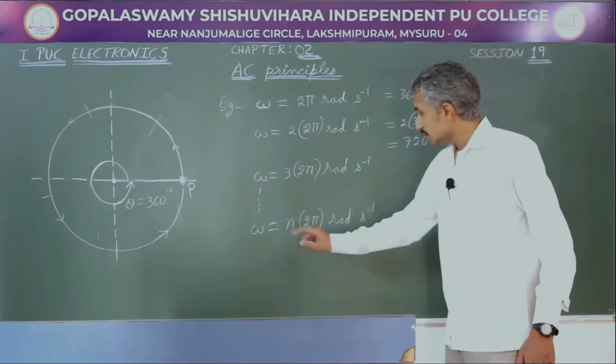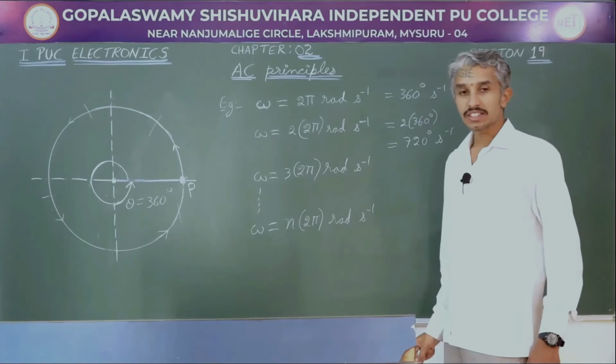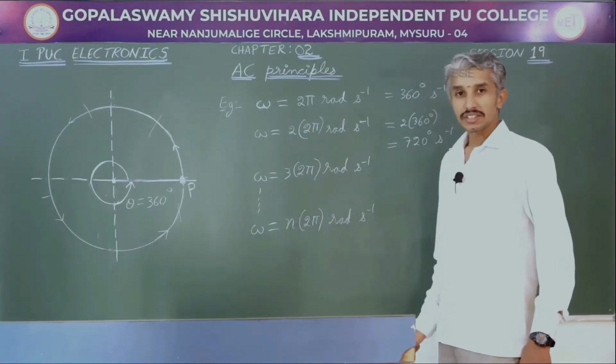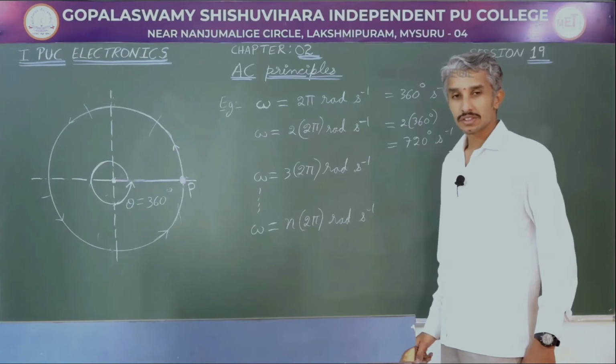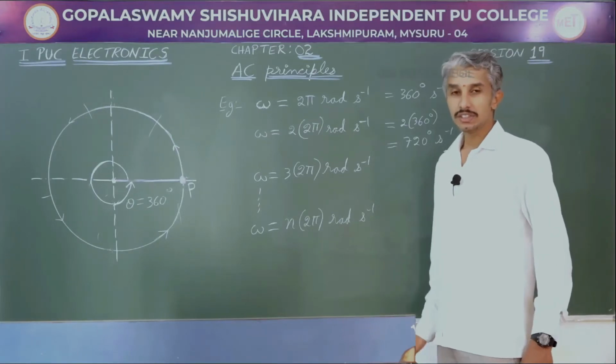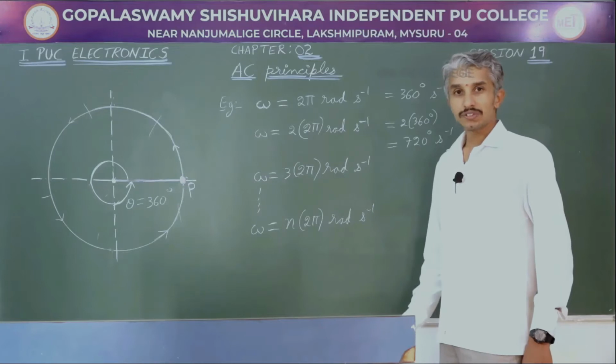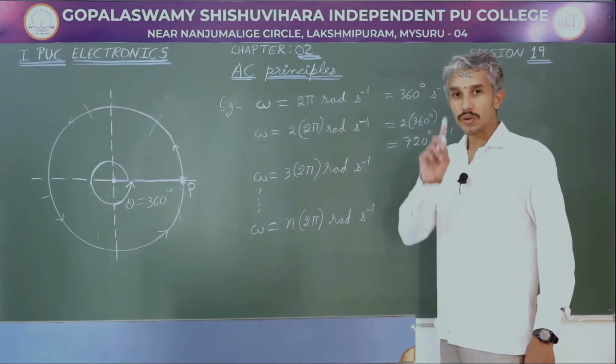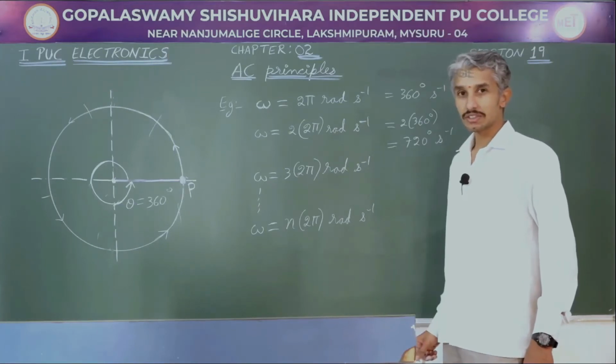Now, this n, the number of cycles completed in 1 second, has another name, and that is frequency. I define the term frequency as the number of cycles completed in unit time, or the number of cycles completed in 1 second.